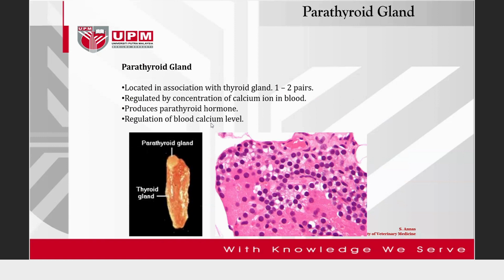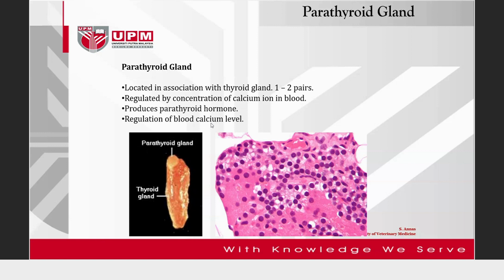The parathyroid gland. These glands are located in association with the thyroid gland. Depending on the species of animal, there could be one to two pairs, and they function to regulate the concentration of calcium ion in the blood by production of PTH, which increases the blood calcium level, and also calcitonin, produced by the parafollicular cells, which lowers the blood calcium level.